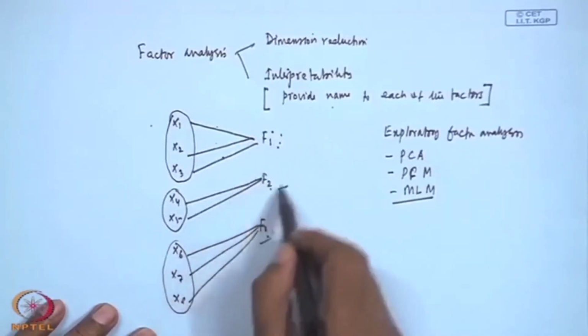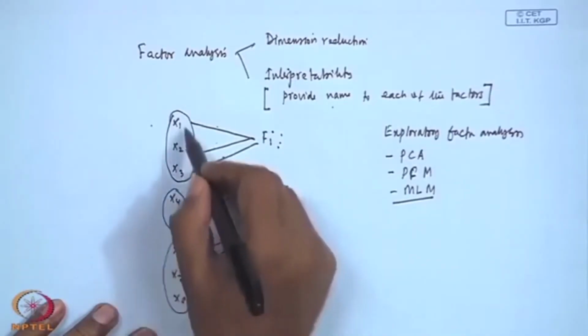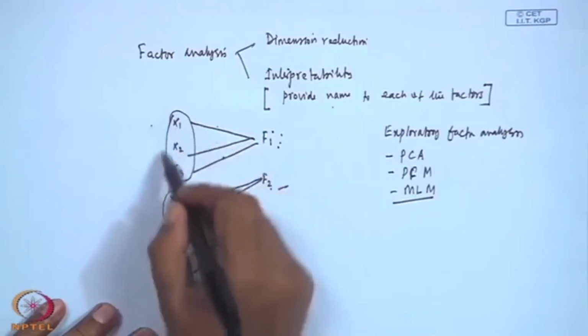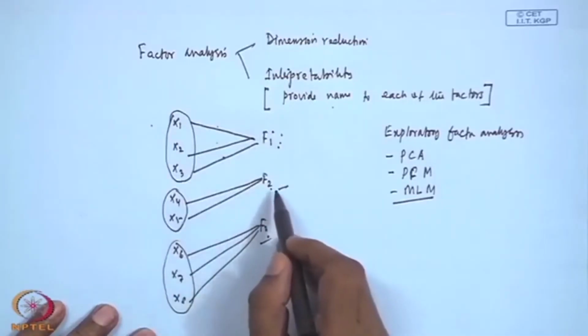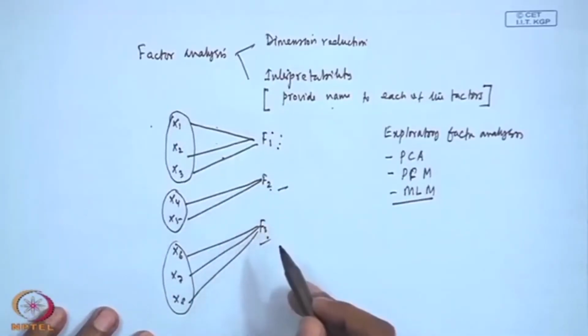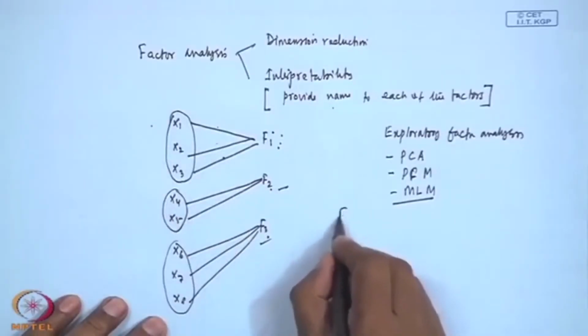Similarly, we want to find some other set of variables, excluding the ones we have considered for F1, which will be highly loaded on F2 and very low loaded on the other factors. So, this can be possible through factor rotation.